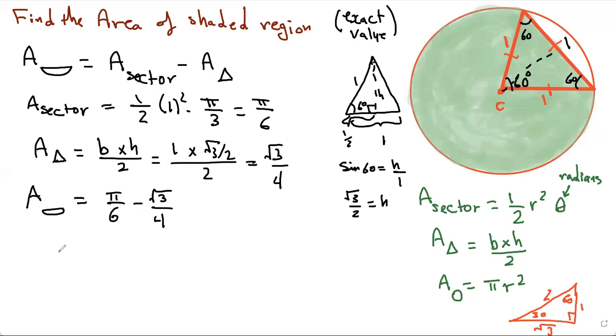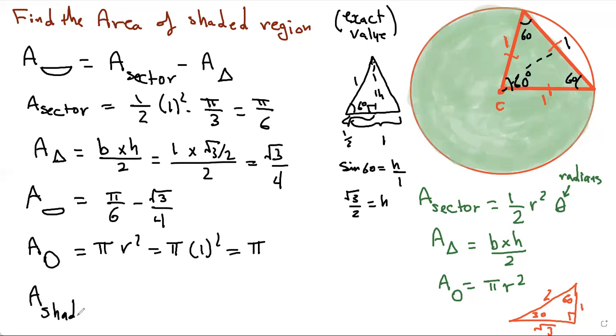Now, once we found the area of this right here, now we need to find the area of the circle, which is pi r squared, which is pi times 1 squared, because the radius is 1, which gives me pi. Now, if we want to find the area of the shaded region, we know it's going to be the area of the whole circle minus the area of this little piece, which is the unshaded region, which is that.